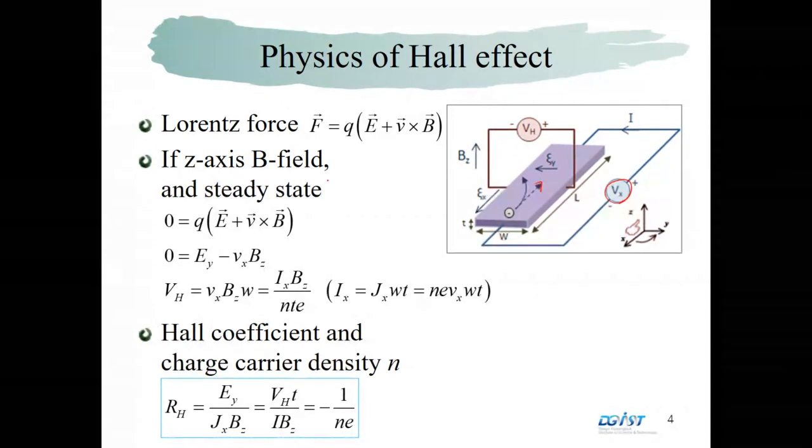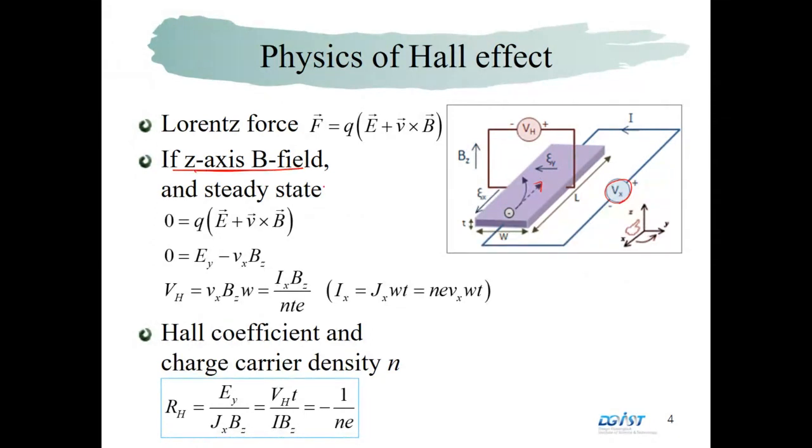And if we have a z-axis B field, and we also think about the steady state, by the bending in this direction, there's a lack of negative charge on one side. So that means we have an extra electric field in the y direction.